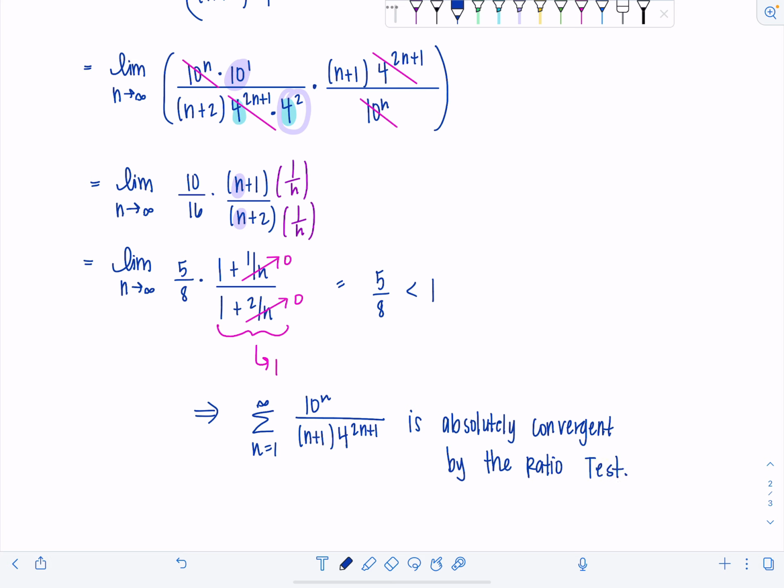It's optional to say the absolutely part, but remember, if a series is absolutely convergent, that's the strongest kind of convergence. Of course, it's just going to be convergent as well.